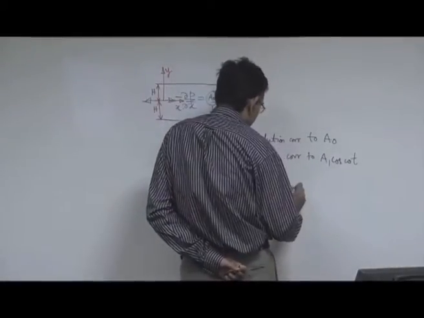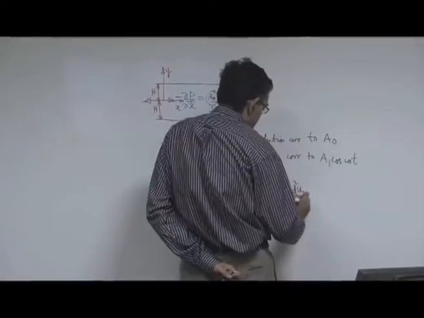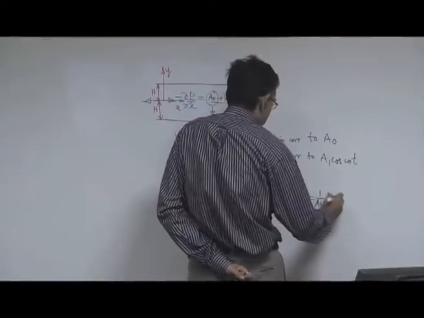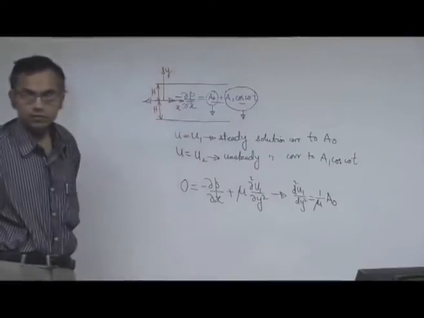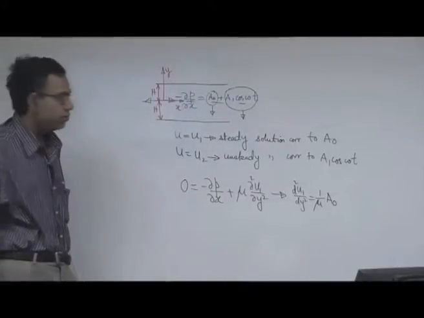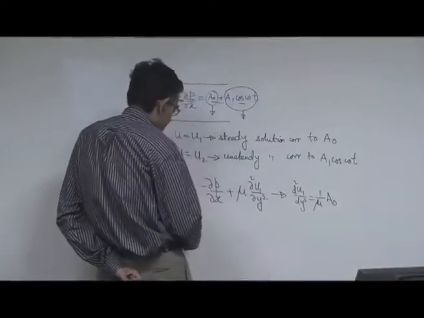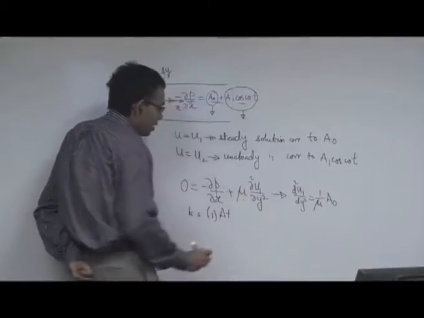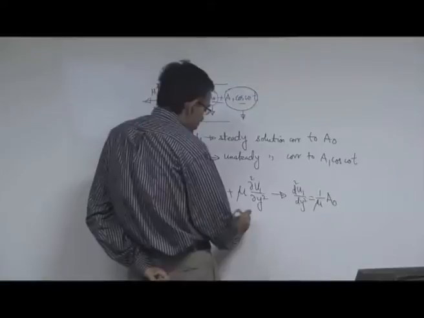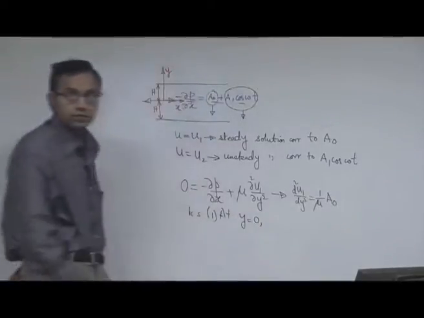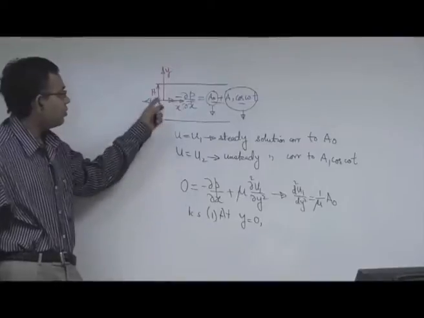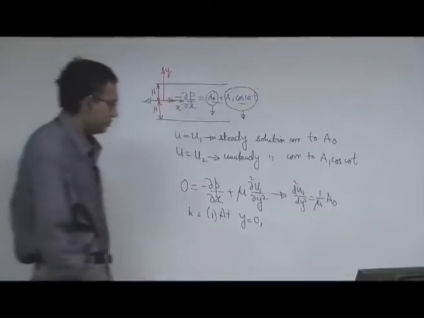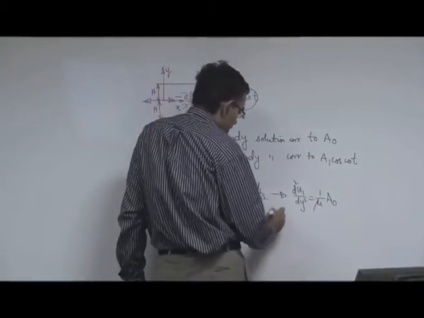So, this will become, right. So, what are the boundary conditions? What is the boundary condition at y equal to 0? At y equal to 0 you have maximum velocity, so you have du1 dy equal to 0.